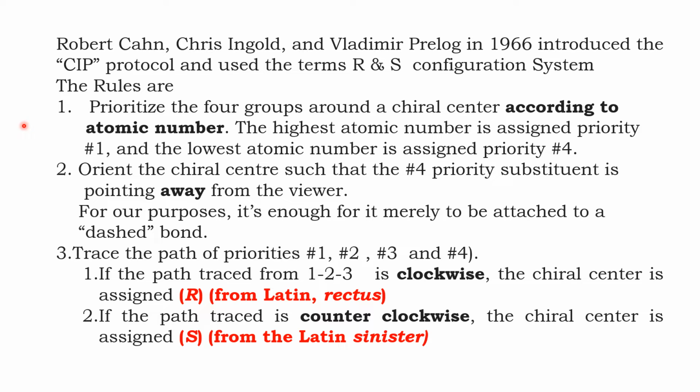We know for any asymmetric carbon atom, it should be tetrahedral shape, so that we should place the least prioritized group, that is the fourth priority group, away from our eyes, or it should fall behind the molecule, and move your eyes from the first priority to second priority to third priority.